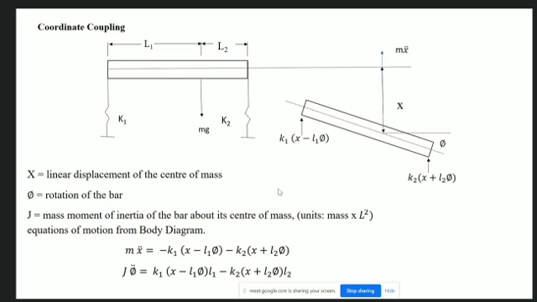Now, if it so happens that the resultant of these upward forces passes through the same line of action as the applied force which is acting downward, then there will be no couple and there will be only translation. And somewhere we will call it the center of stiffness.